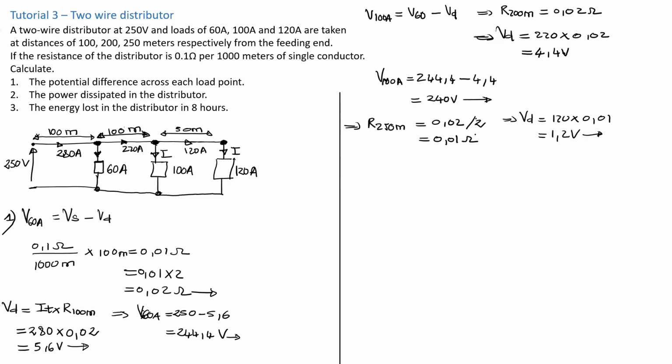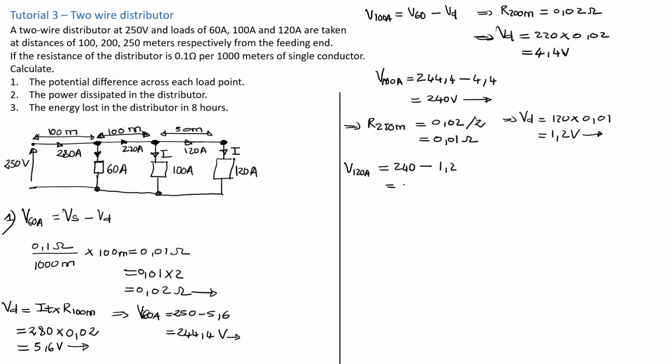Now we need to subtract this 1.2 volt from the voltage at this point, which is V100. So the voltage at this point, which we call V120 amp, is going to be equal to 240, right? Because that's the voltage at that point, minus 1.2.